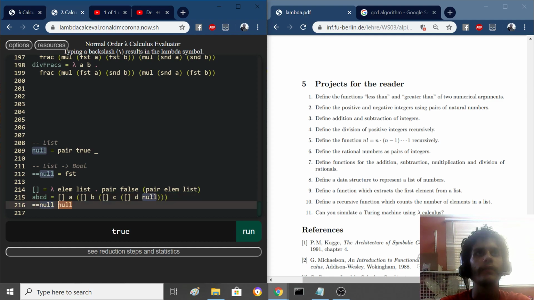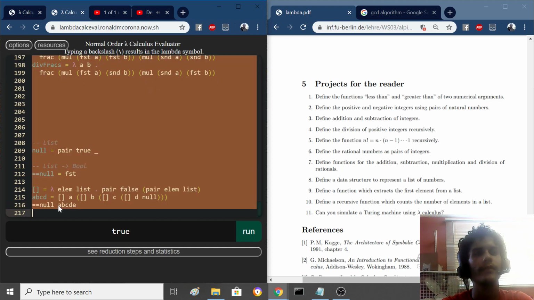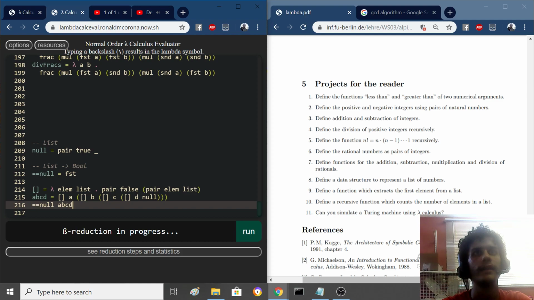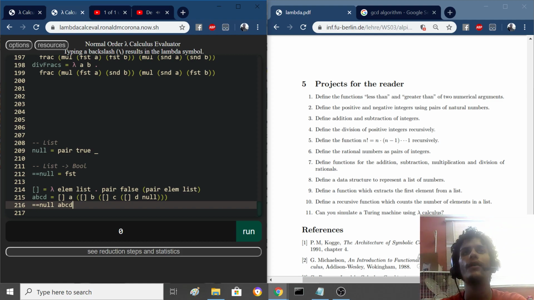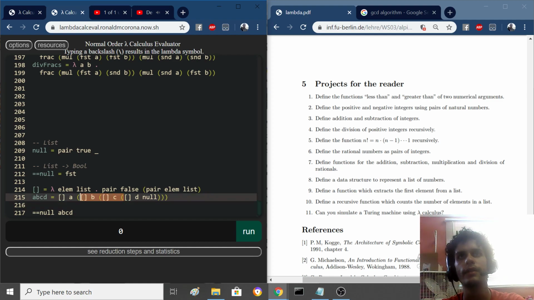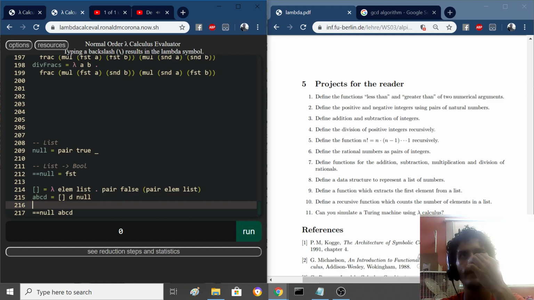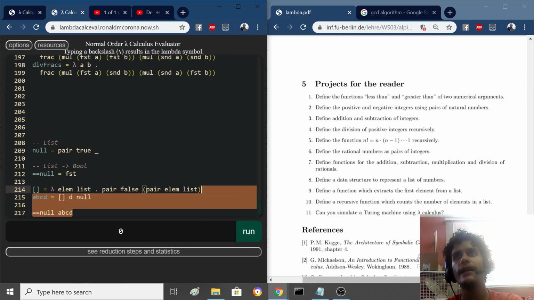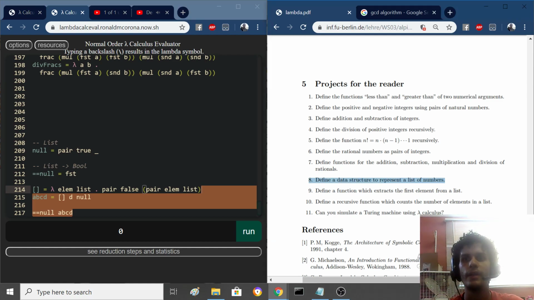And now we want to check if that's null. This is A, B, C, D, E, and it's not null, right? There's stuff inside this list. How about a list with just one element? Is that null? Nope, not even that is null. So great, I've defined a data structure to represent a list of numbers. How cool, how cool.